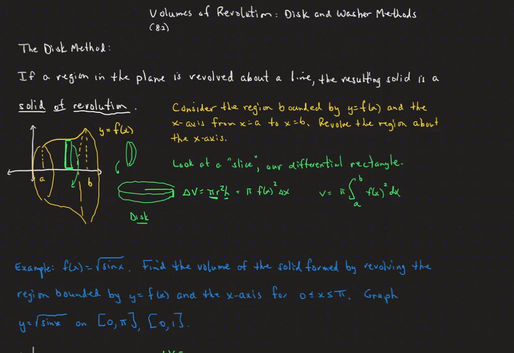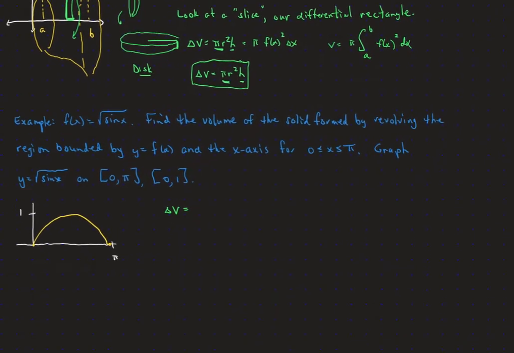So that's going to be our general rule. The takeaway is that for a disk, our differential slice is going to be pi r squared h. Again, that's the area of that circular cross-section, and the h is going to be our delta x.